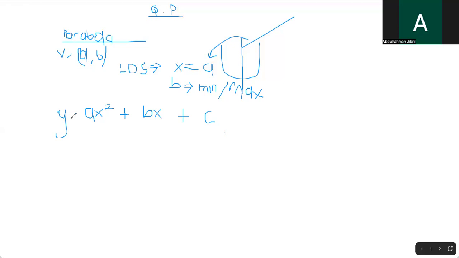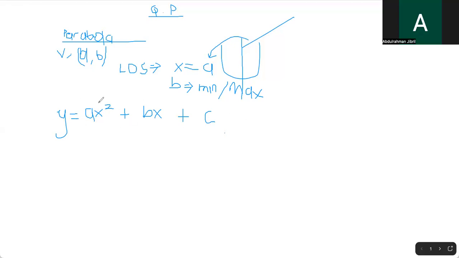Now, this provides us with a lot of ideas, or we can deduce a lot of information regarding a parabola from this simple equation. And we call this the standard form.